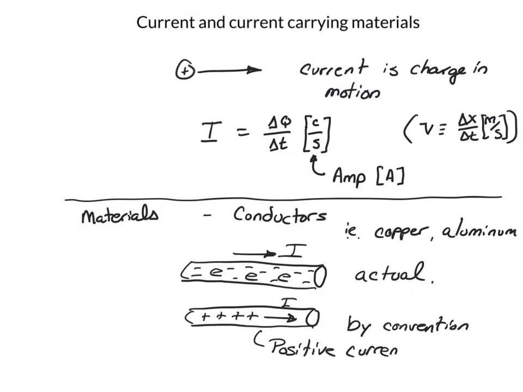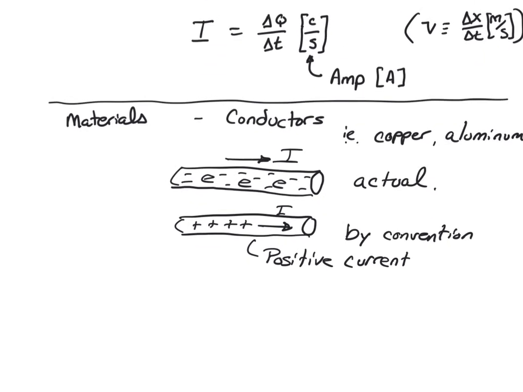Even though the positive charges don't really move, we generally do most of the problems as if the positive charge moves. Sometimes very reputable books will do it the other way, and some books use, and they'll state it right on the front of the book, electron flow.